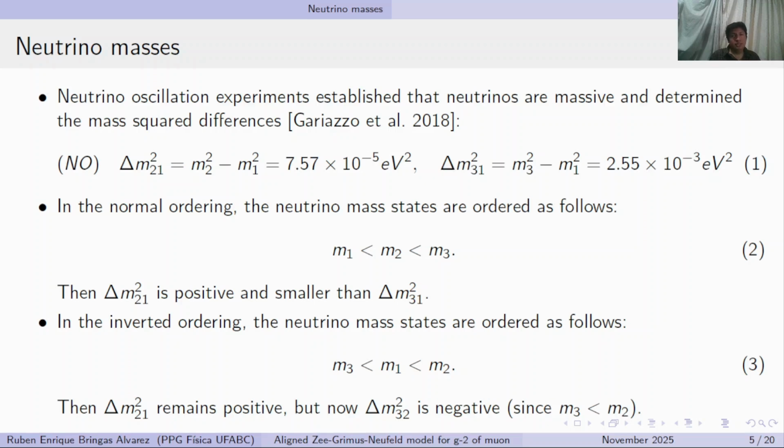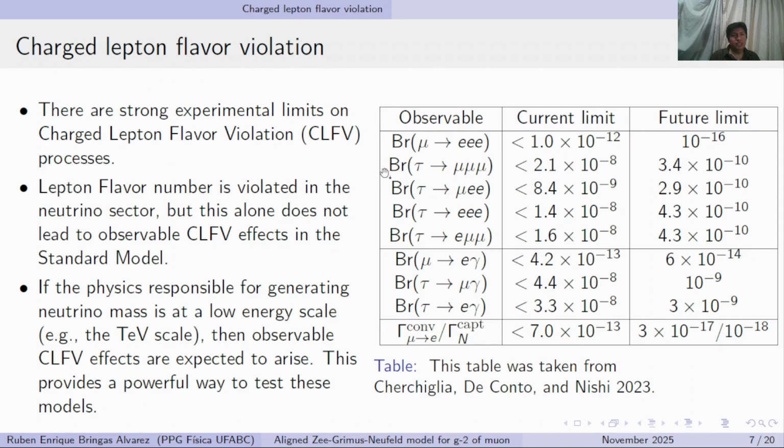Another challenge that we face is the charged-lepton flavor violation. In the standard model, we have charged-lepton flavor violation, but with a strong limit, almost impossible to observe. What I mean with charged-lepton flavor violation is that when we have a process, for example, with a muon incoming, we expect a muon outgoing, but this is not the case. Here there is a change of flavor, as you can see.